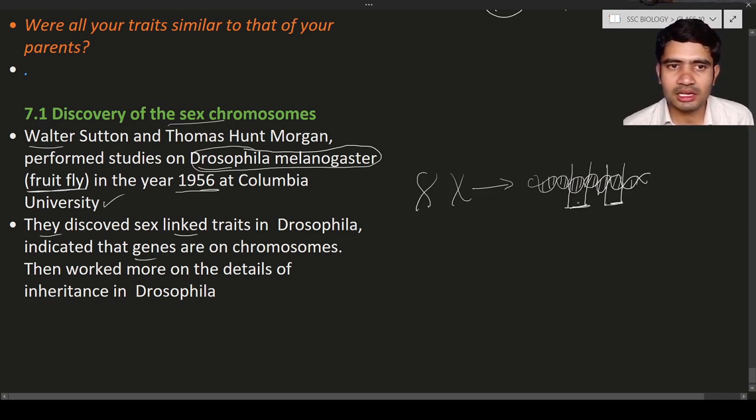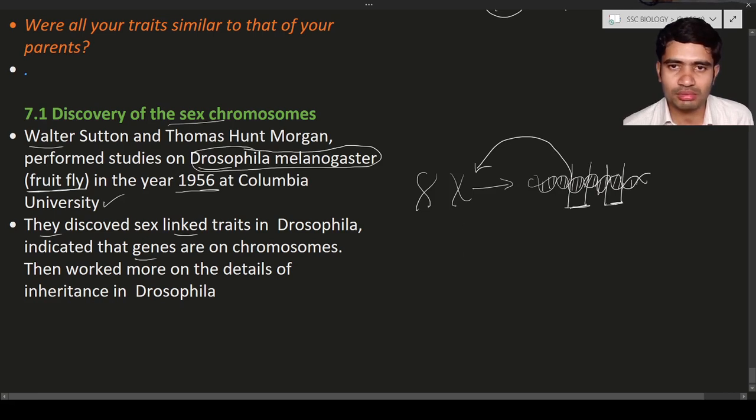In this case the Drosophila has a sex determining gene present on the chromosome. This DNA turns into chromosomes when the cells are going to divide. You can see the chromosomes in the nucleus of a cell when the cell is about to divide.